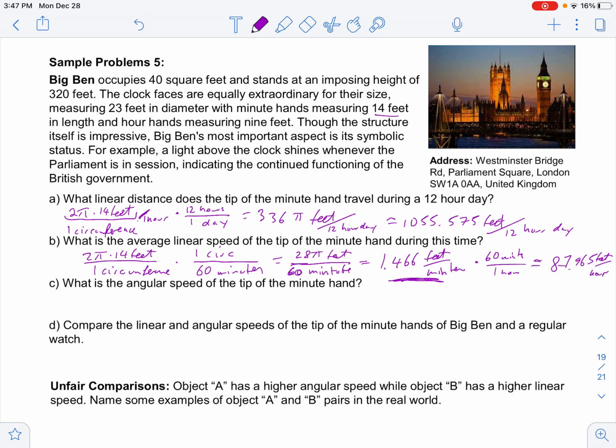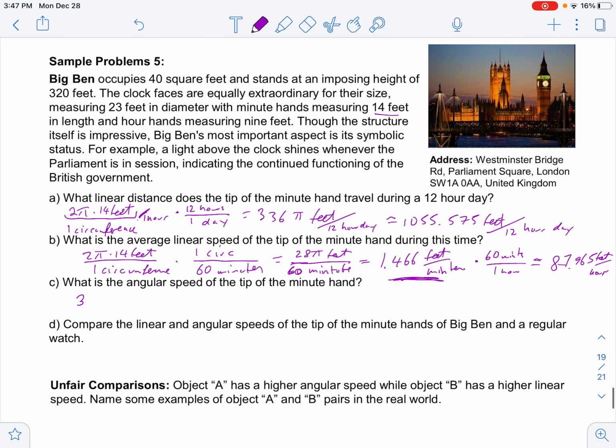All right, now what is the angular speed? That is where we take 360 degrees and divide it by 60 minutes and we get 6 degrees per minute. So degrees per minute.